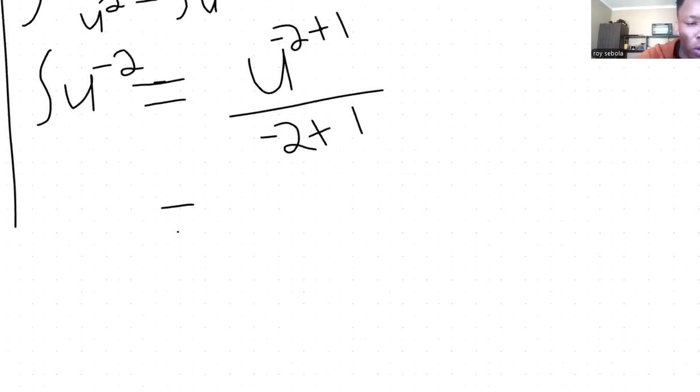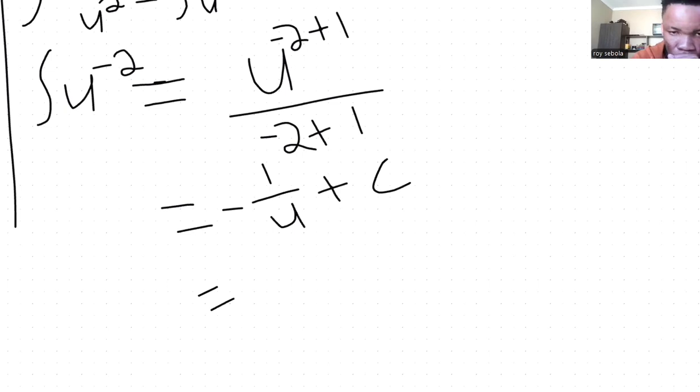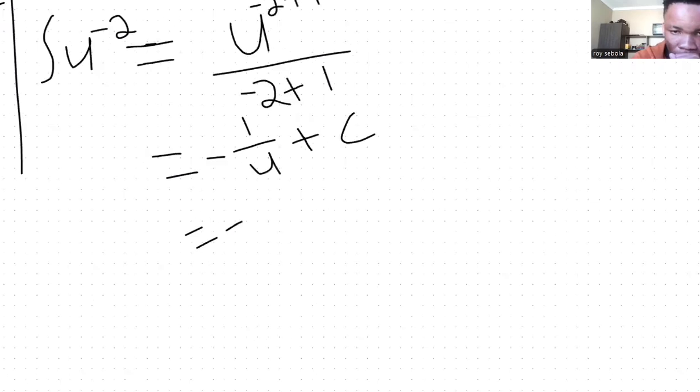Now we know the value of u is equal to 1 minus cot x. That means our answer is going to be minus 1 all over 1 minus cot x plus c.